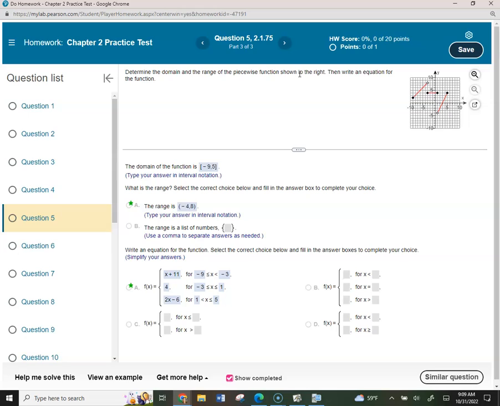Now, how do you write the equation for it? Okay. You've got 4 answer choices. You need to use the process of elimination to figure out which ones you have. How many pieces are there in the graph? There's 3, which tells you it can't be this, and it can't be this.